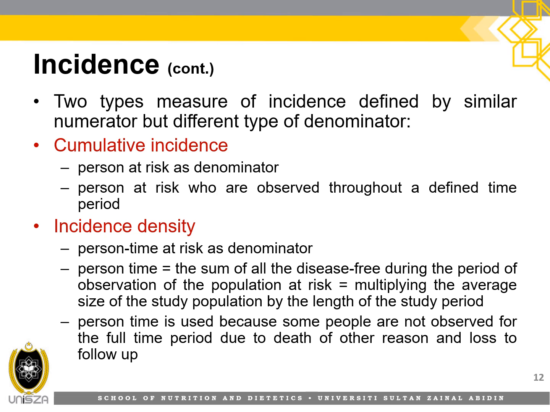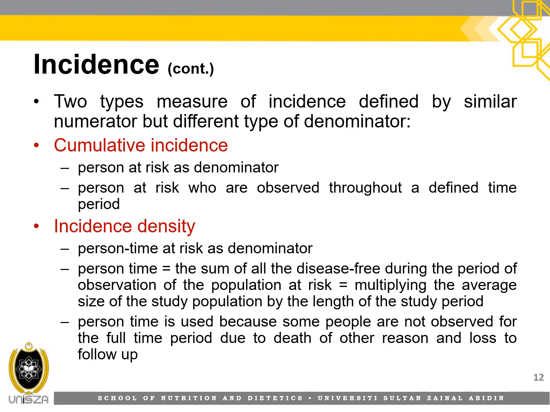There are two types of measures of incidence, defined by a similar numerator but a different type of denominator. The first one is cumulative incidence, where persons at risk is the denominator. Persons at risk are those who are observed throughout a defined time period. For incidence density, person-time at risk is the denominator.